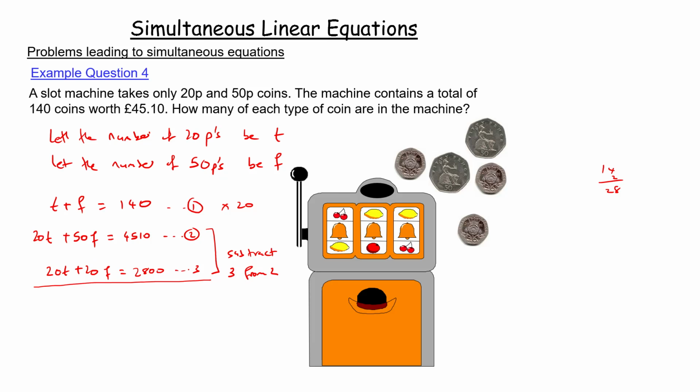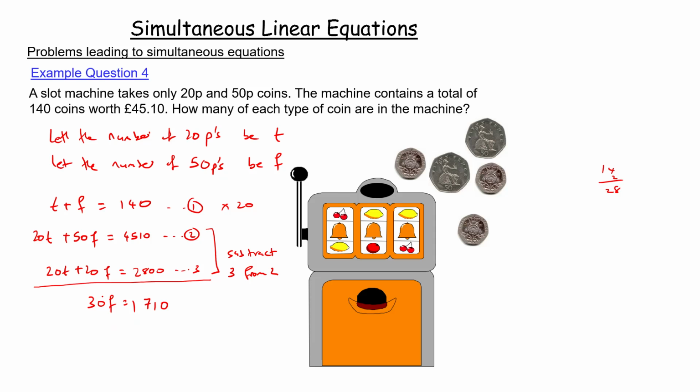So 20t minus 20t gives me nothing. 50 minus 20 gives me 30f. And 4,510 take away 2,800 will give me 15 take away 7, 1,710.